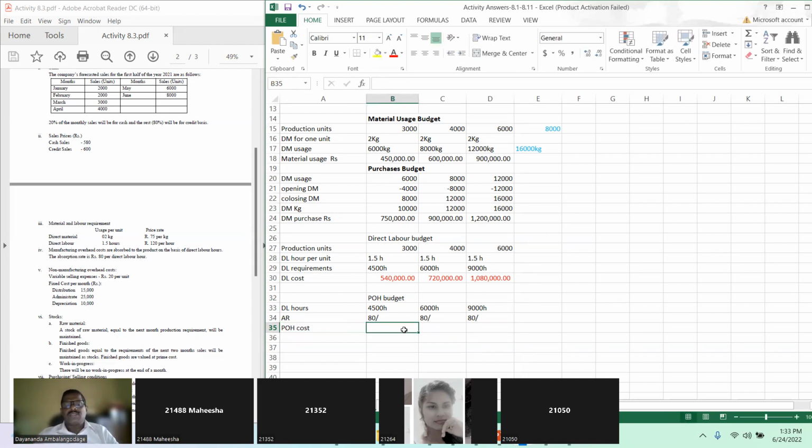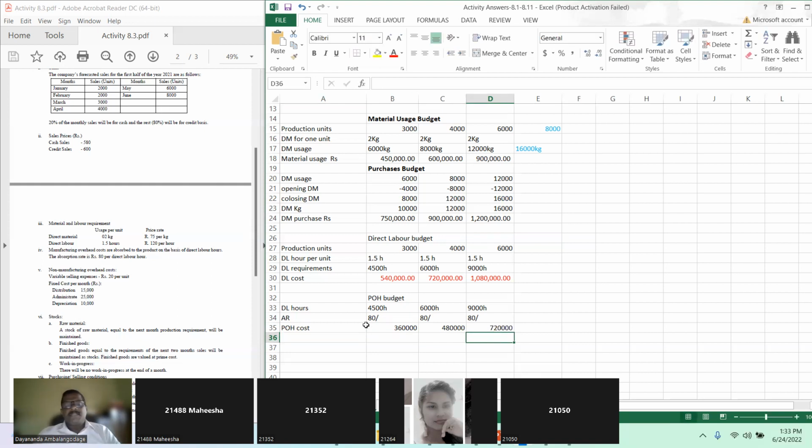So what you can do is multiply. The budgeted production overhead cost would be 4,500 into 80 rupees, 6,000 labor hours into 80 rupees, and also 9,000 labor hours into 80 rupees.